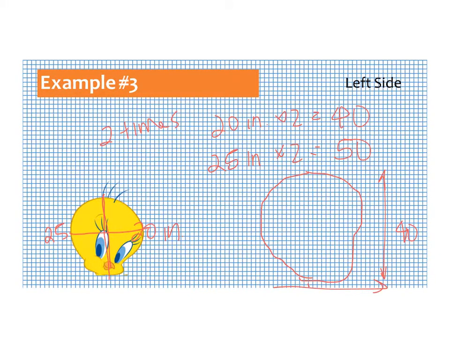And this is 50. That'll help me to begin to figure out how to draw Tweety Bird. Now, I would need to do the same thing for her eyes, right? Because her eyes maybe are 10 inches high. So when you have 10 and you multiply by 2, that'll give you 20. So that means her eyes would only need to go up 20 spaces, and so on.